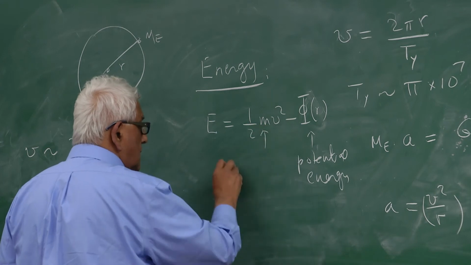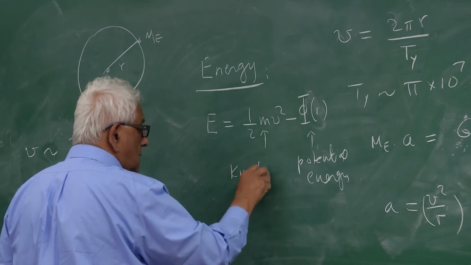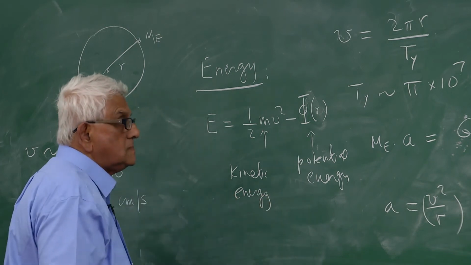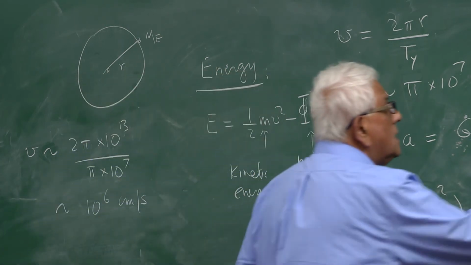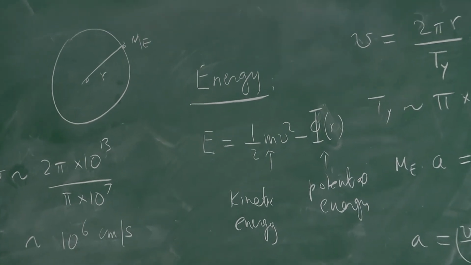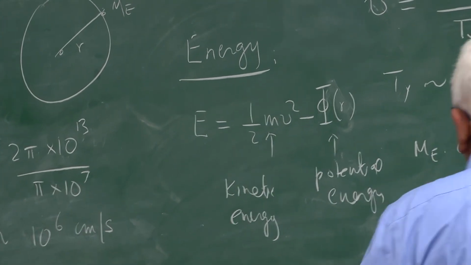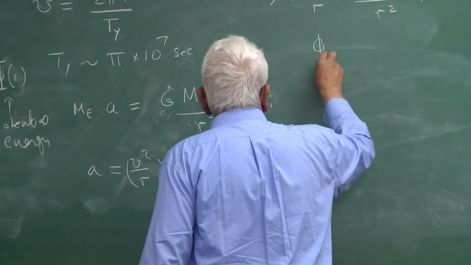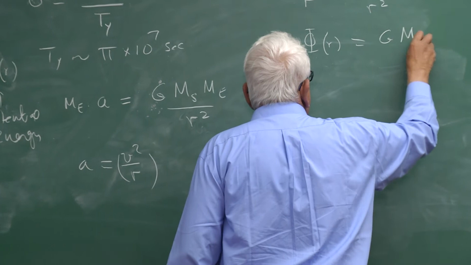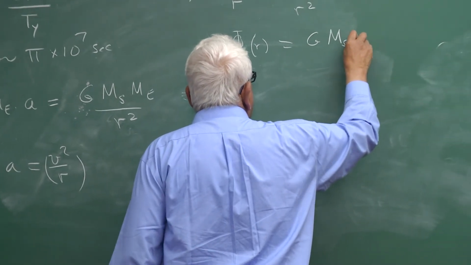And this is the kinetic energy. And so what is phi of r? Phi of r is G Ms m.